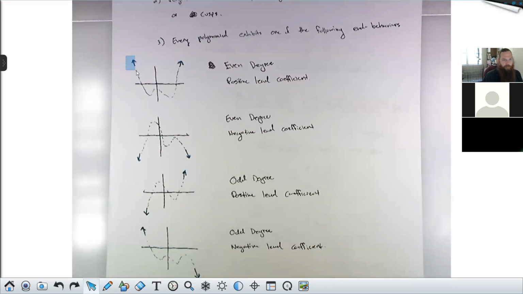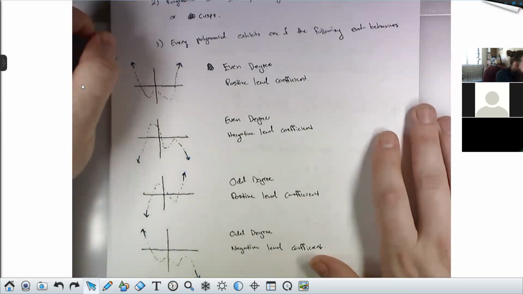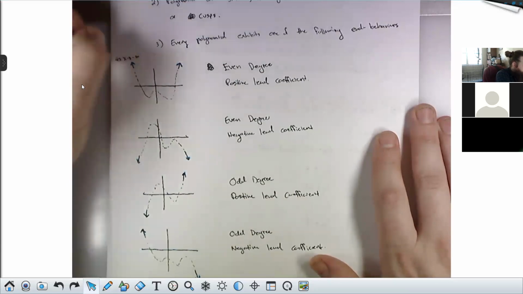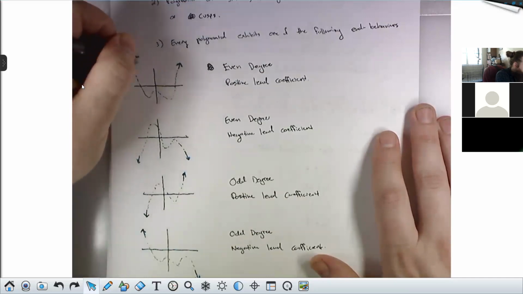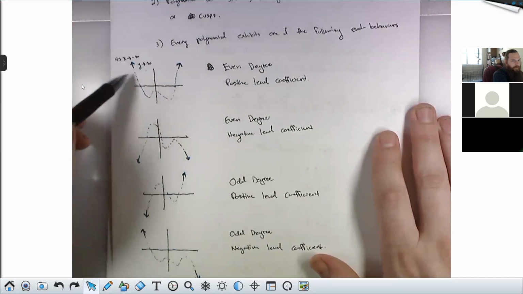So to describe this behavior, the arrow going up on the left, I would say as x goes this way, y goes this way. Really far out this way is as x goes to negative infinity. And we would say as x goes to negative infinity, y goes to positive infinity, because the y values are going up as the x values go off to the left.